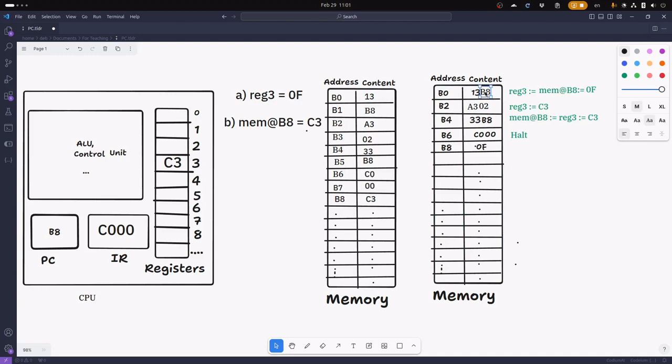So 13B8, and then we go to B2. Now it's A302. So B0 means B0 and B1 together, and B2 means B2 and B3 together, and so on. In the case of B8, we don't know about the next value, B9. In our memory cell in the question there is no value for B9, so we can just keep it like that for now.